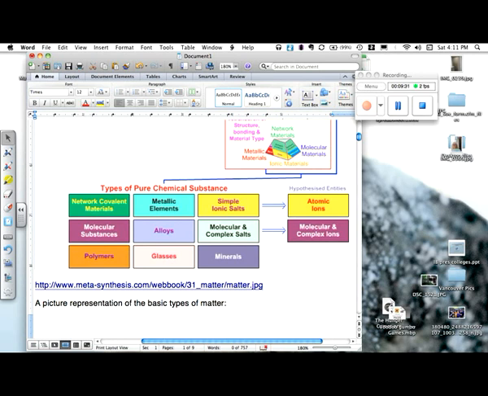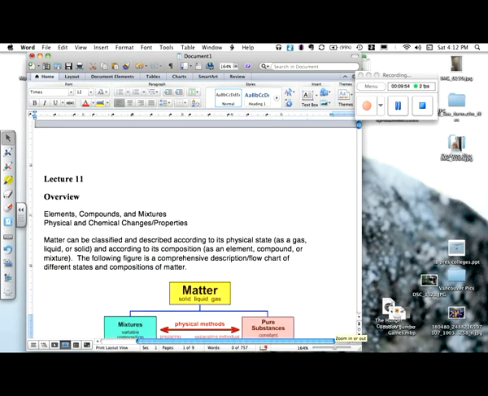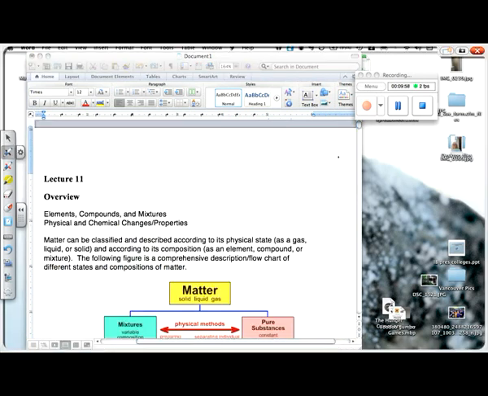It's almost a mixture of metals, but I guess because it's a constant composition, it's considered a pure substance. Certainly molecular substances like water, and then there are polymers like plastics and so on that we are very familiar with and don't know what we would do without. All right. So that's a nice little flow chart for the different types of substances.